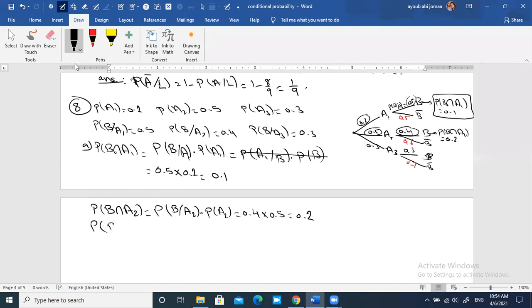And probability of B intersection A3: probability B given that A3 times probability of A3, 0.3 times 0.3, which is 0.09.